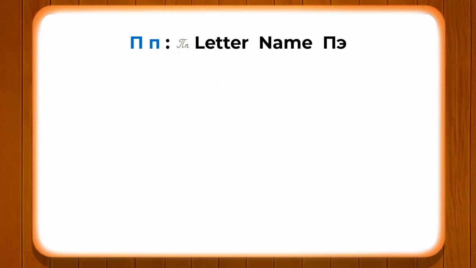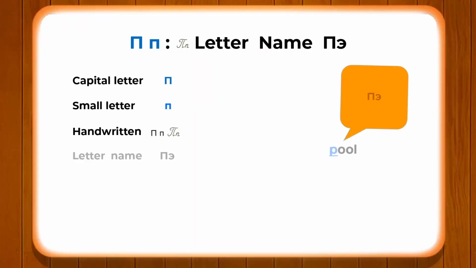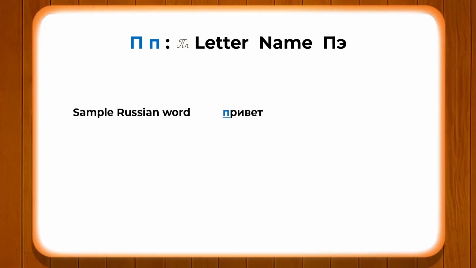So here we have the letter pe, and for English approximation we can use pe in pool, and a sample Russian word which we have here is privet, which means hello. You also need to learn certain greetings which we will be covering in upcoming modules, but since we have the word with us, you can learn it.